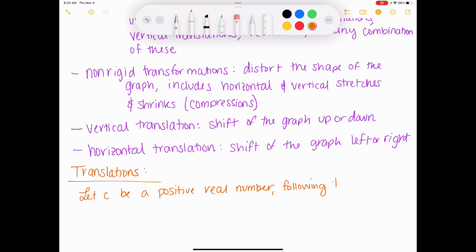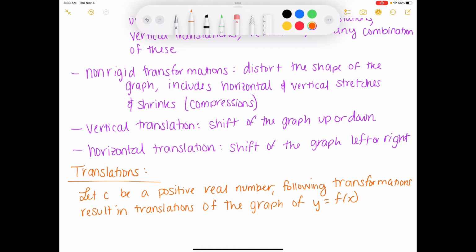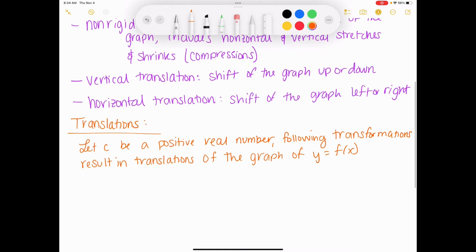The following transformations result in translations of the graph of y is equal to f of x. Horizontal translations.